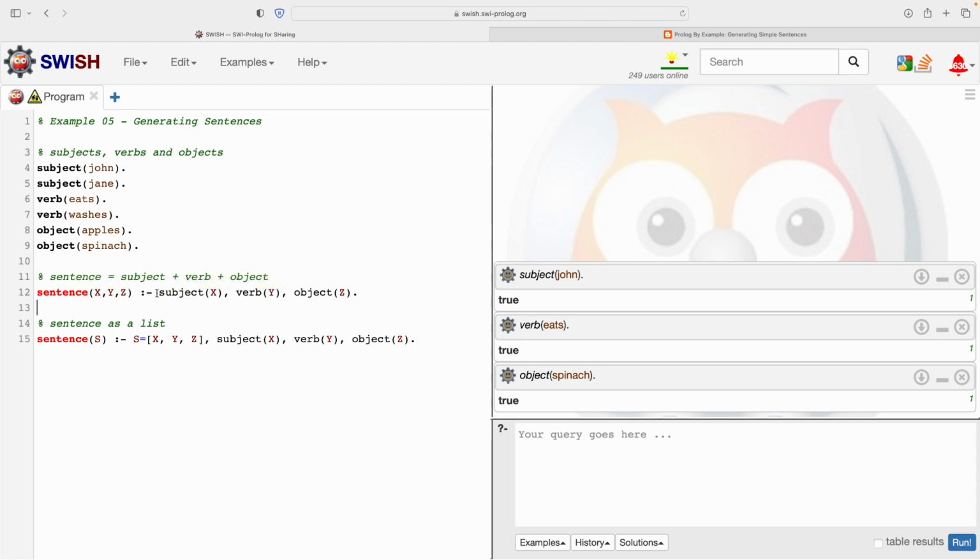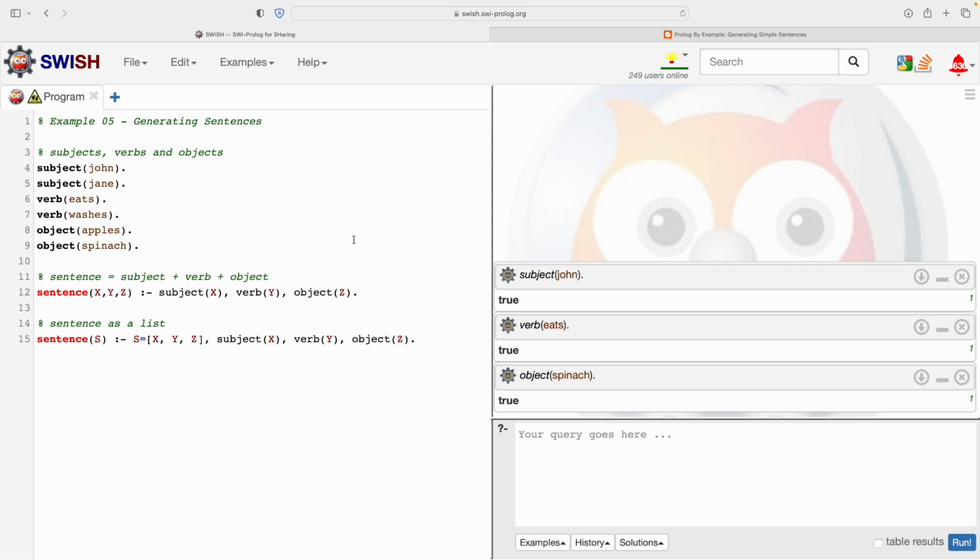And here we've got three properties, not one, not two, but three. And you'll remember the comma means and. So this sentence is true if the first goal of this rule is true, and this is true, and this is true.